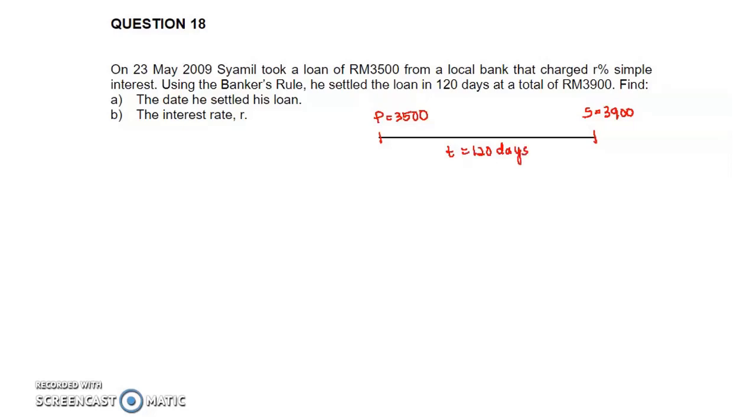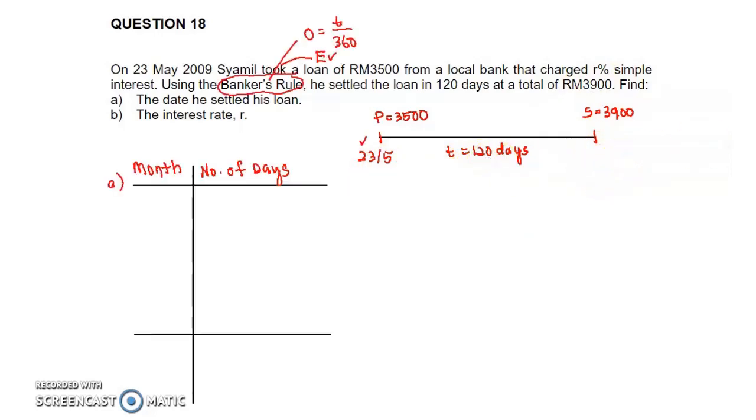Okay, find the date he settled his loan. Given here that it is on 23rd May, how do we find the date? 23rd May plus 120 days is equivalent to what date?